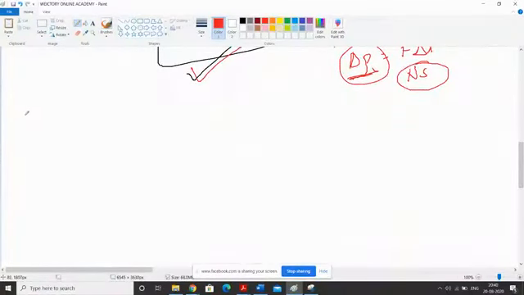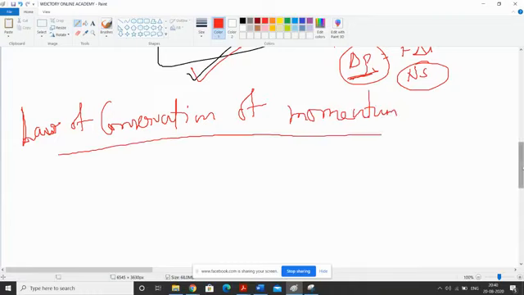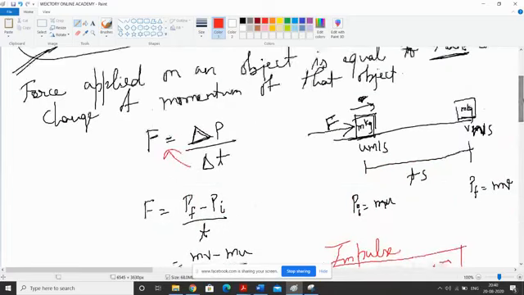Now there is a very important concept that is called the law of conservation of momentum. And what does that law mean? See, if we had not applied this force F, the body would have kept on moving with u meter per second.